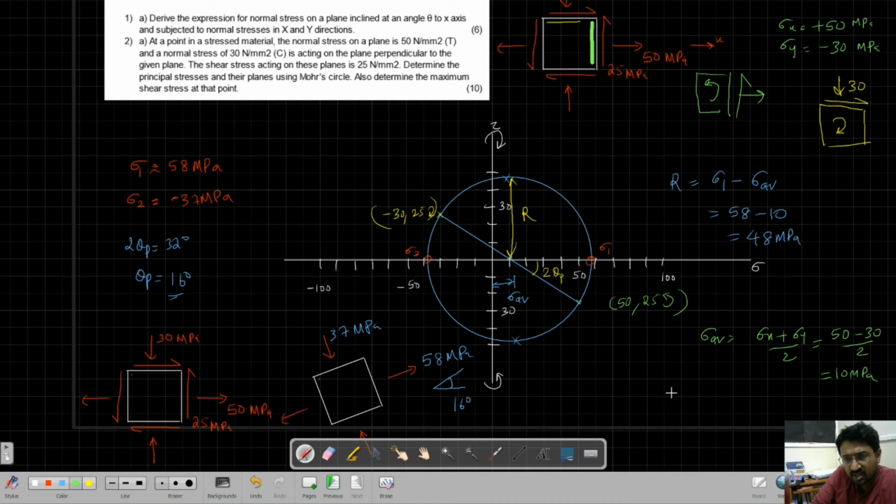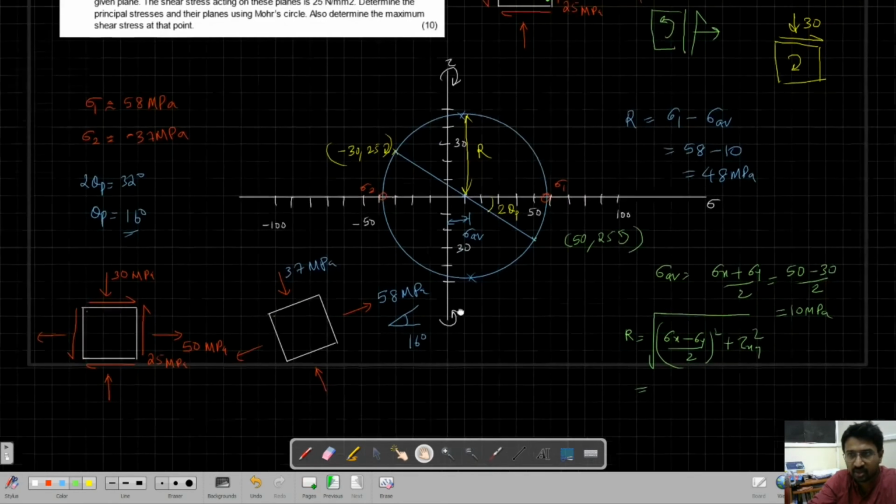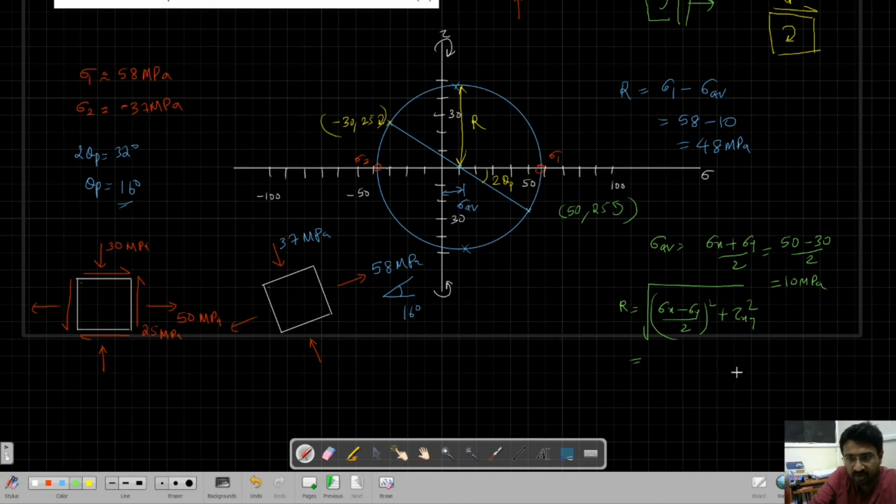Now radius is given by the square root of sigma x minus sigma y by 2 whole square plus tau xy whole square. So 50 plus 30 by 2 whole square plus 25 square, under root. This comes out to be around 47.17 MPa, which is very close to what we have found here.